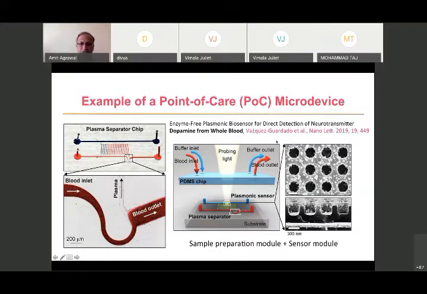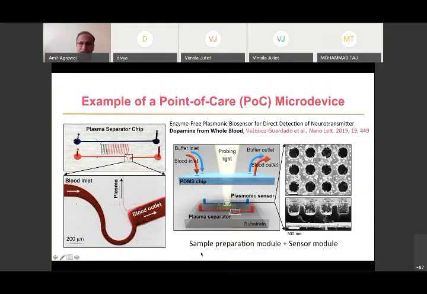The sample preparation module is where the blood comes in and something happens to this blood, and whatever is relevant for you, which is plasma in this case, comes out. By the way, this is the separator that we have actually created. This is our design, and we'll show you how we went about designing this.